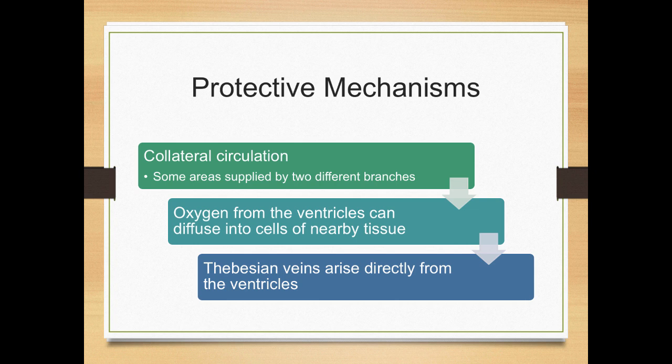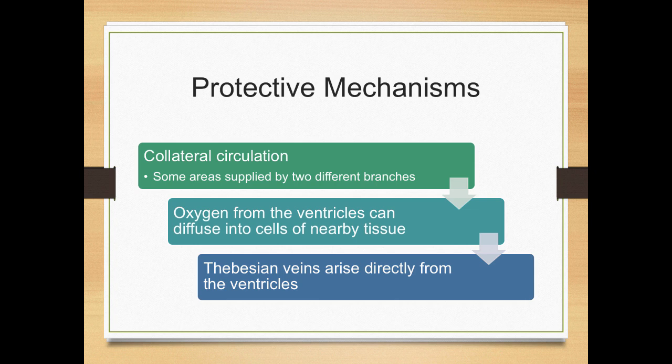Another one is that oxygen can actually diffuse directly into some of the surrounding cells from the ventricles themselves. So we have a little bit of oxygen diffusion around the ventricles. And then we also have Thebesian veins, which is a fun word to say. These come directly from the ventricles and feed little areas around the ventricles themselves.